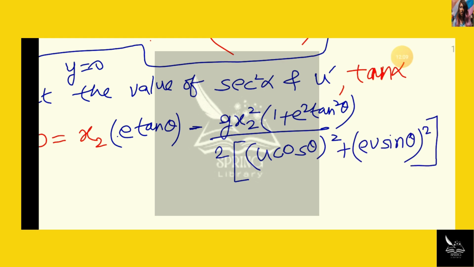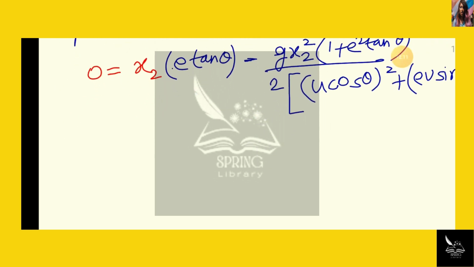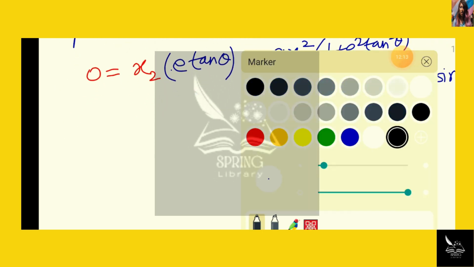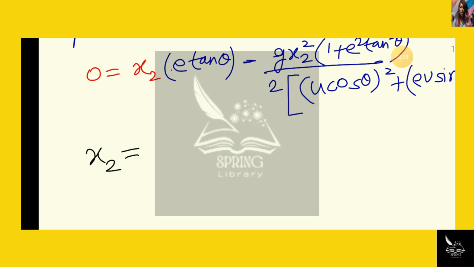So now simplify it, then I will get x2. After simplifying, the final value of x2 is equal to e u square sin 2 theta divided by g.